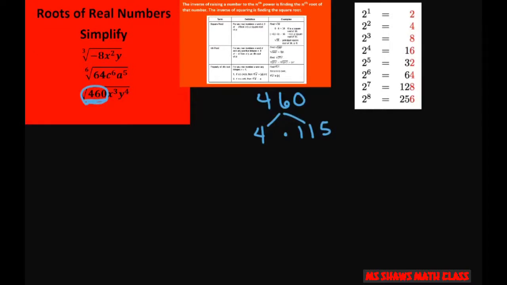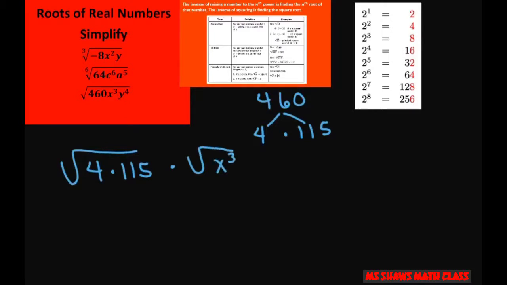So what I can do is write this as, this is a square root, so write this as the square root of 4 times 115 times the square root of x cubed times the square root of y to the 4th. All right, and this can be broken down as the square root of 4 times the square root of 115.